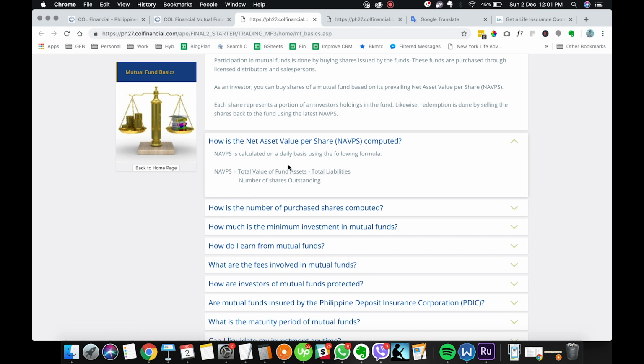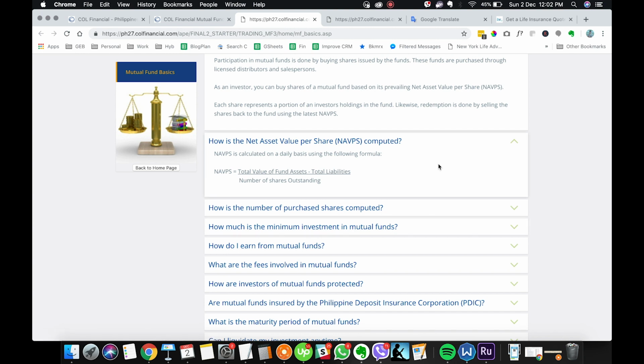Ito po ay total value ng lahat kayo na naglagay niyan, minus yung mga babayaran, yung mga fund managers, yung mga officer staff, divided by kung ilan lahat ang mga shares. Alright? So value divided by shares, ito yung tinatawag net asset value per share, NAVPS. Ito pong basihan.